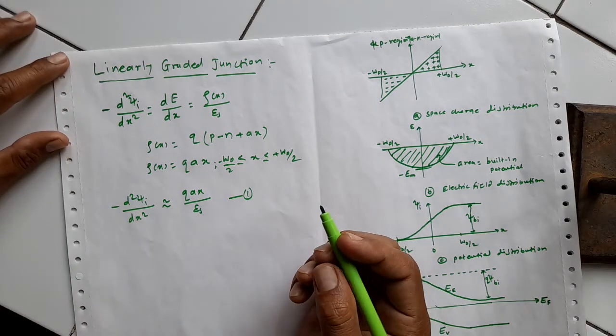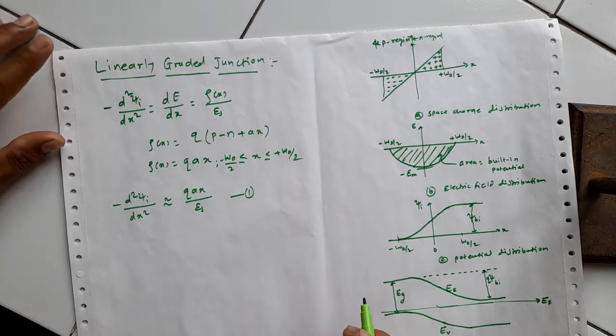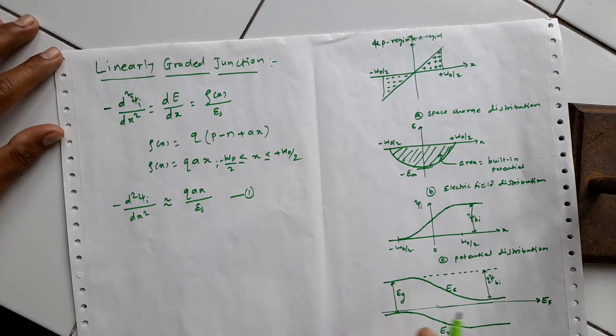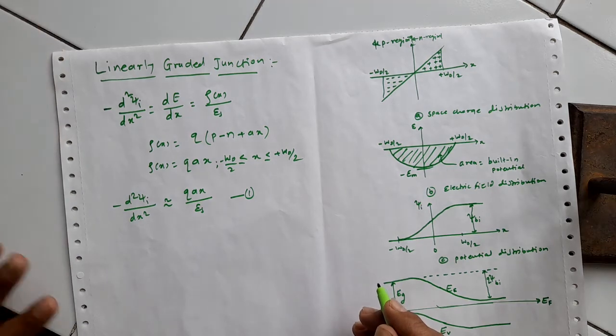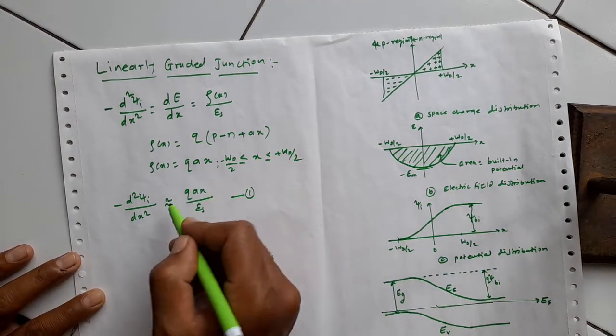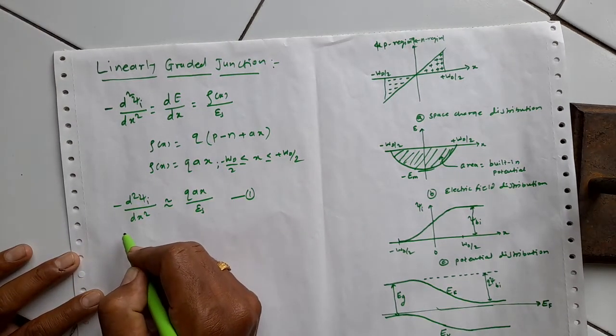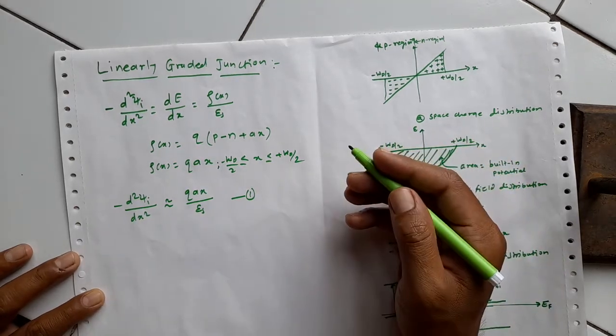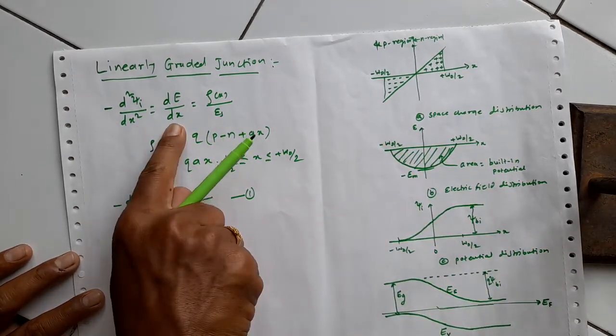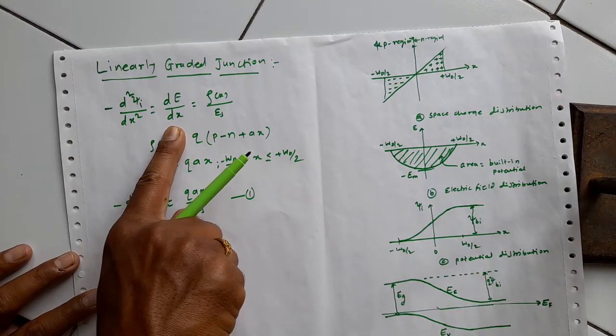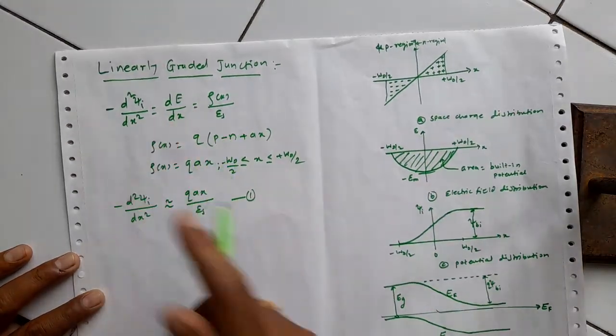Now obviously this A is the doping gradient. If we integrate the double derivative of the potential, we will get the electric field, or we can integrate the electric field gradient to get the electric field distribution.